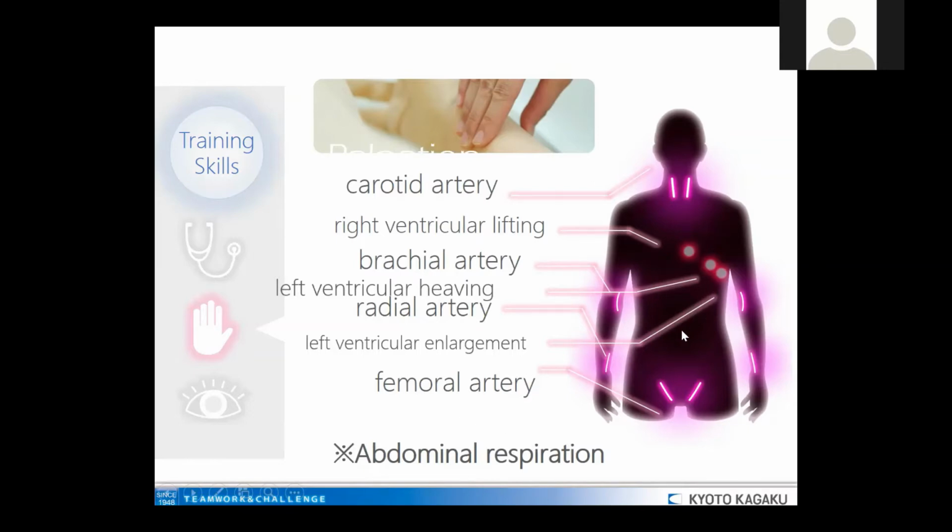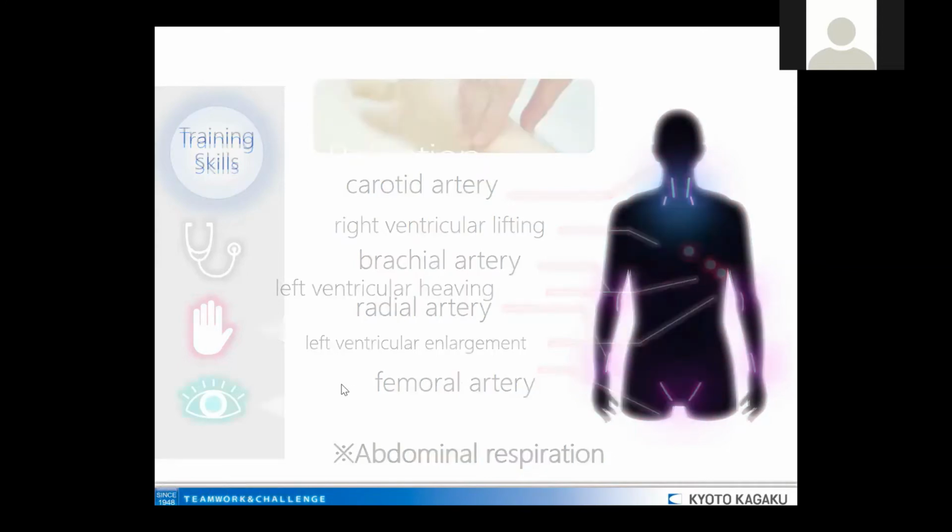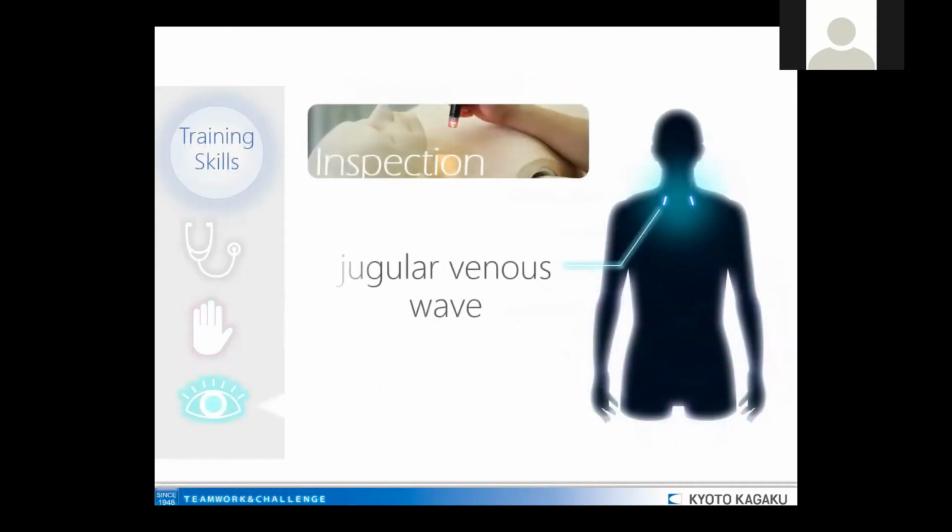And additionally, there's an option to recreate the abdominal respiration movement up and down right here, just to make the simulation more realistic. And finally, we already saw the auscultation part and the palpation part, but also the inspection with the eyes is a part of the examination.